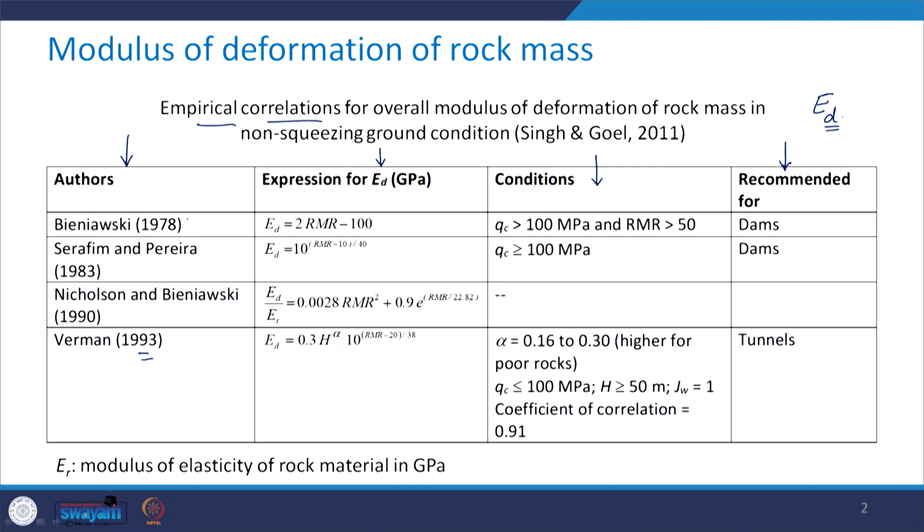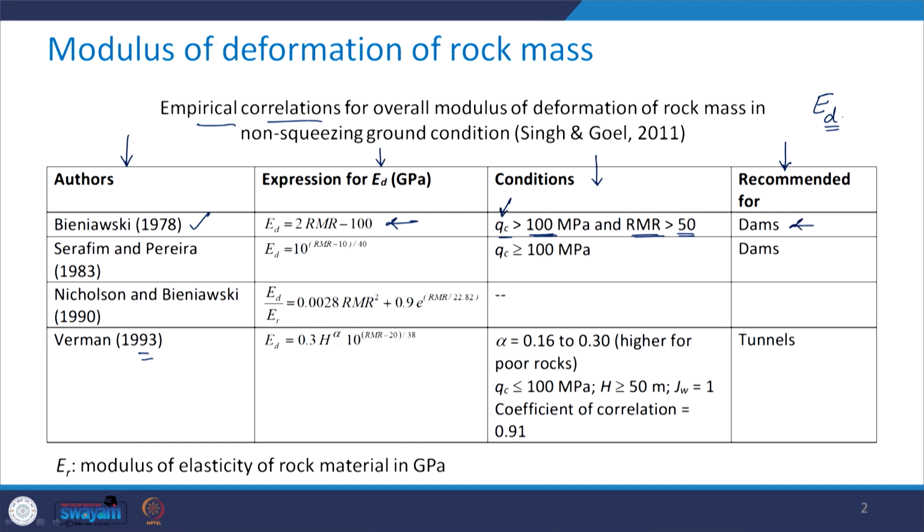So to start with, first Bieniawski in 1978 proposed this expression, that is Ed is equal to 2 RMR minus 100, where the condition is that QC should be more than 100 MPa and RMR should be more than 50, and these were recommended for dams.